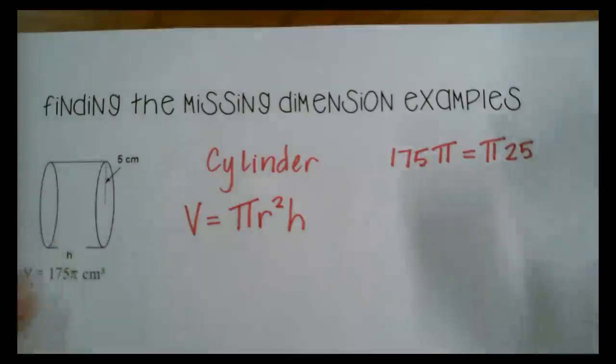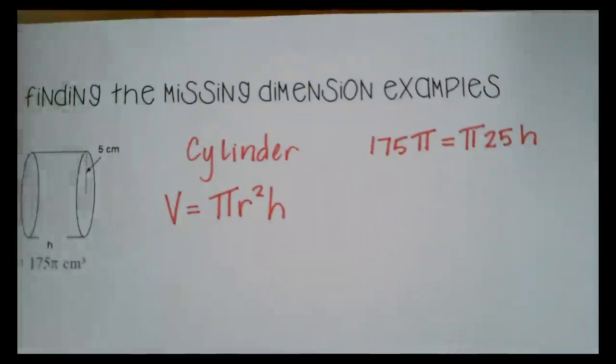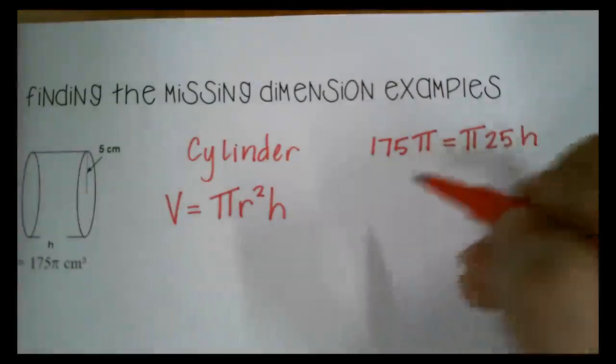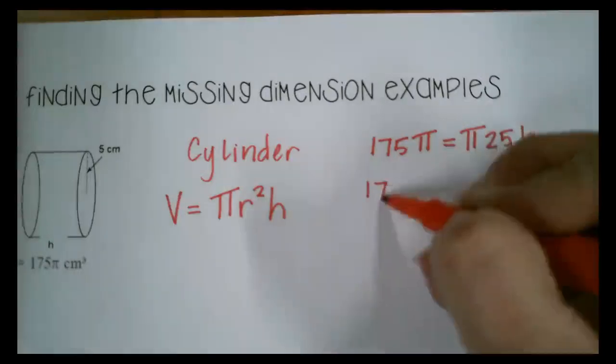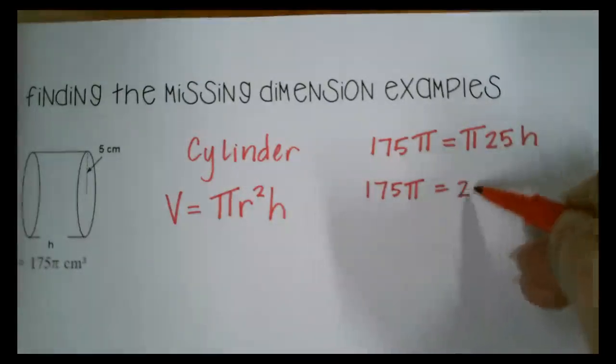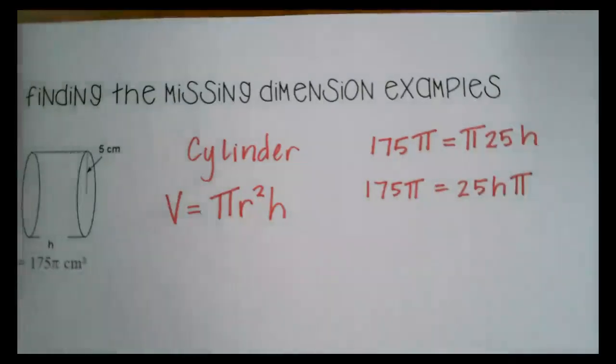I don't know the height, so that's going to be h. Now I basically have an equation, and I'm going to rearrange it a little bit: 175 pi equals 25h pi.